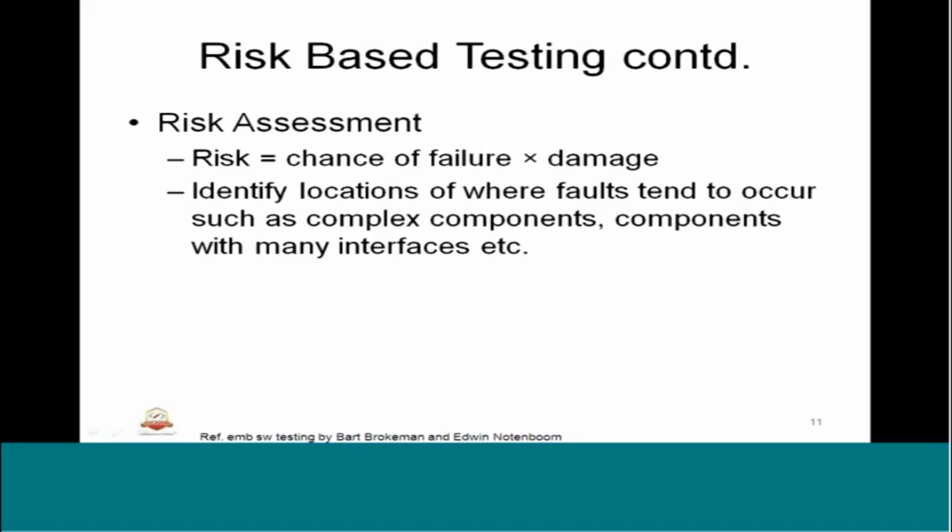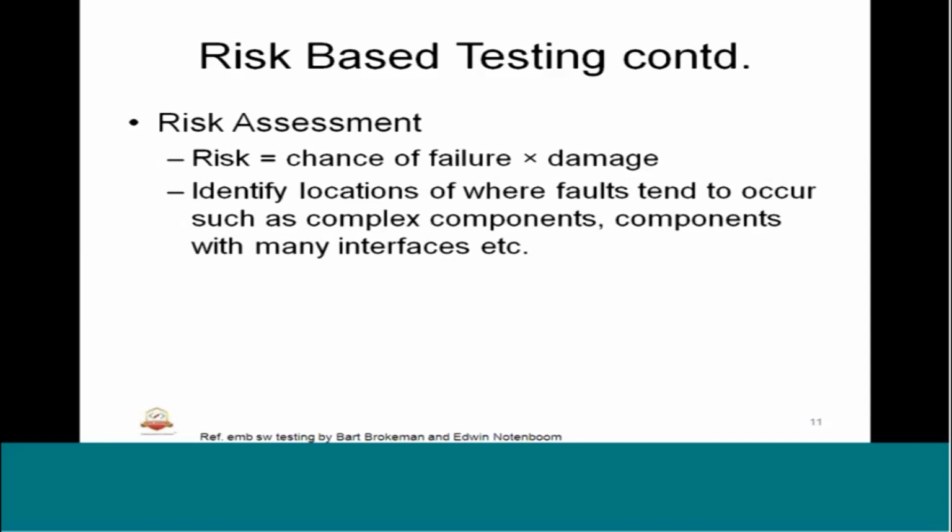So identify locations where the faults tend to occur, such as complex components, components with many interfaces, signals, etc. Those need to be identified first, and identification of what are the chances of failure and what is the cost of the damage. So that will be arrived at. With the help of that, risk will be assessed. So it's called risk assessment, a very important part of risk-based testing.